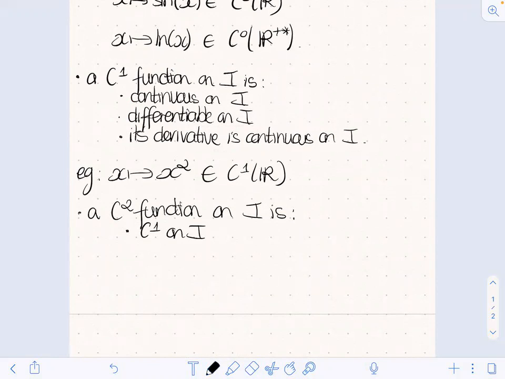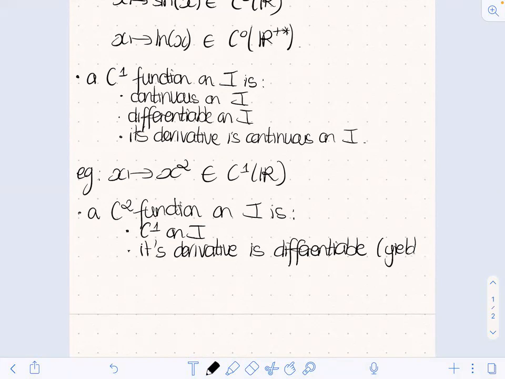But it's also twice differentiable, so its derivative is differentiable, which yields a second derivative, and its second derivative is continuous.